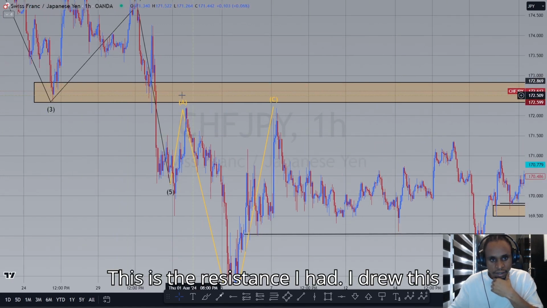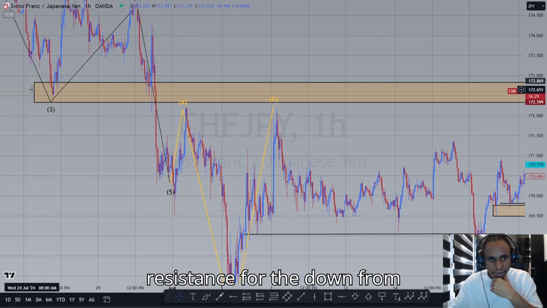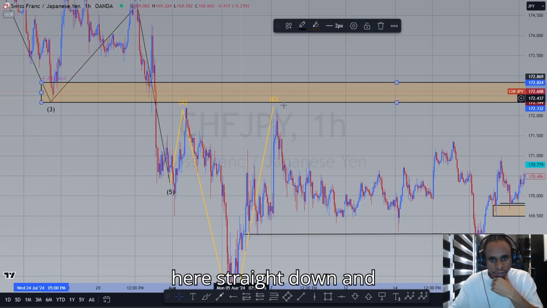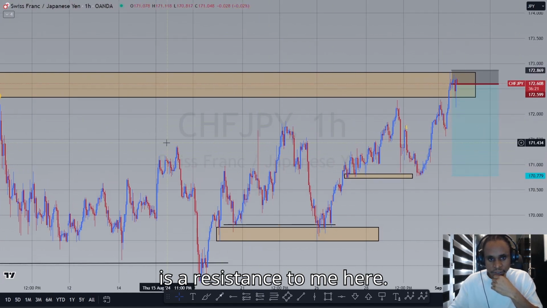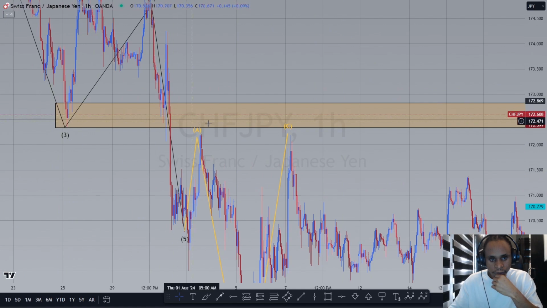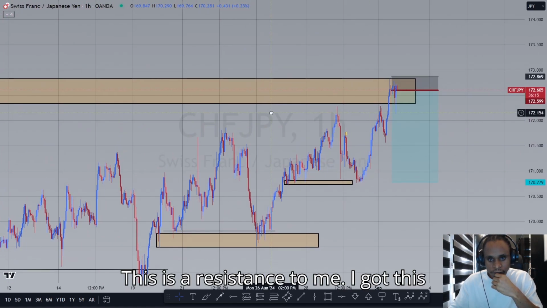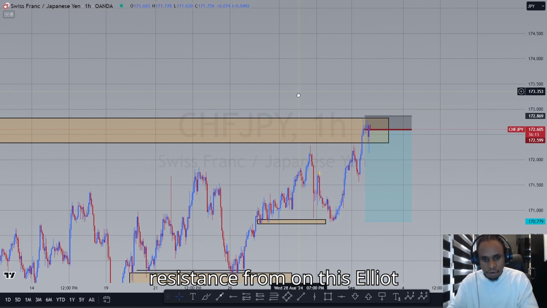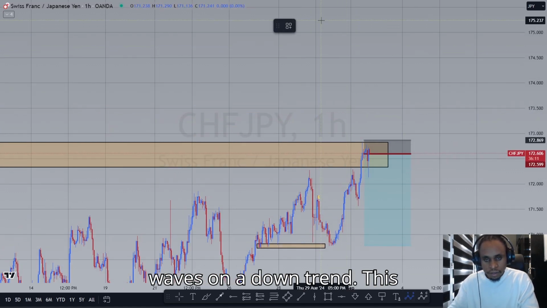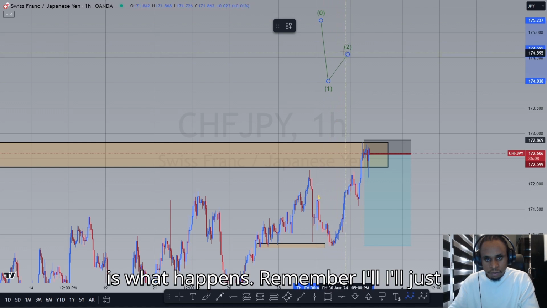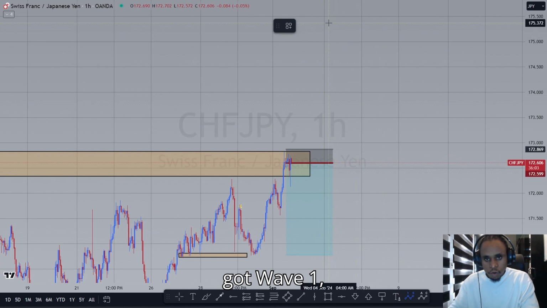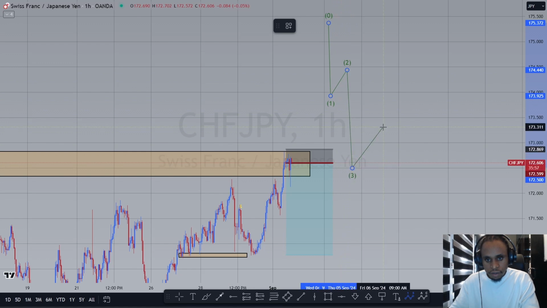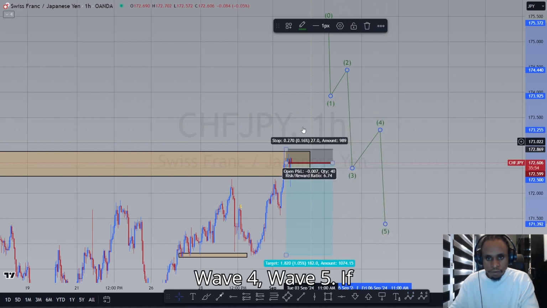This is the resistance I had. I drew this resistance from the down, from here, straight down, and the market came here. So this is a resistance to me. I got this resistance from these Elliott waves on a downtrend. On Elliott waves, we've got wave one, wave two, wave three, wave four, wave five.